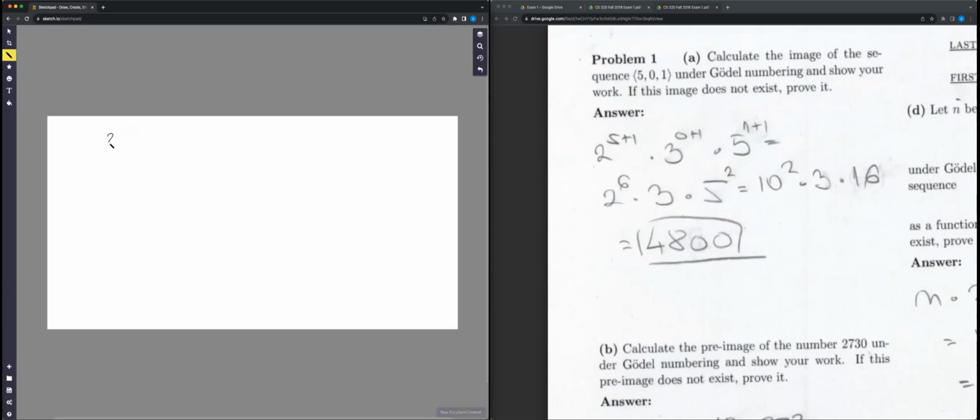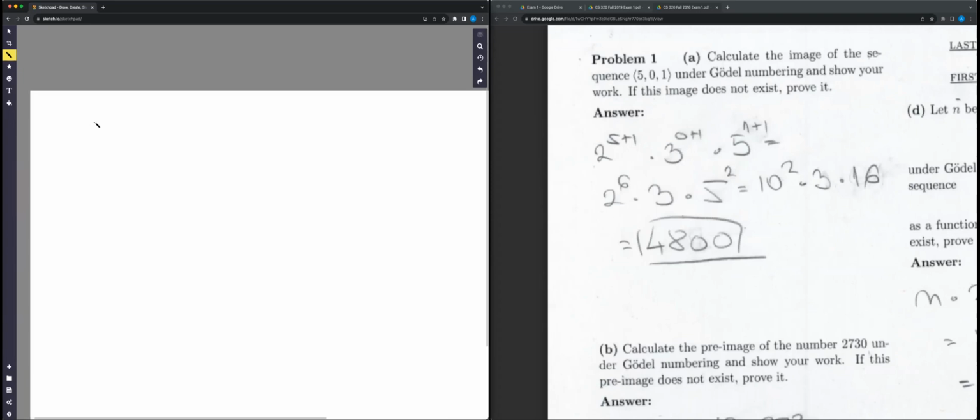Okay, so 2,730. Let's write the rule down. Going from sequence to number is +1 in the exponent, and going from number to sequence is -1 in the exponent. So we're going from number to sequence, so -1, but we need to first get the prime factorization. So 2,730. There's a 0 here, so that means this is a 2 and a 5, and then 273.